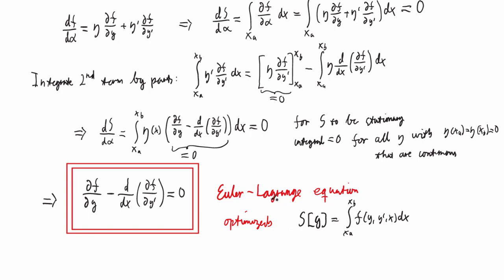What it really does is tell you where there are stationary points in this functional. Now, it doesn't tell you whether these are minima or maxima or neither. Turns out you have to do a bunch of other tests in order to do that, but we're going to be lucky. It turns out that for the application we have in mind in mechanics, we don't ever have to do that. So this is the fundamental result. This is what we're going to use, this differential equation, in order to optimize functionals of this form. And in the next video, we'll treat a couple of examples of this.